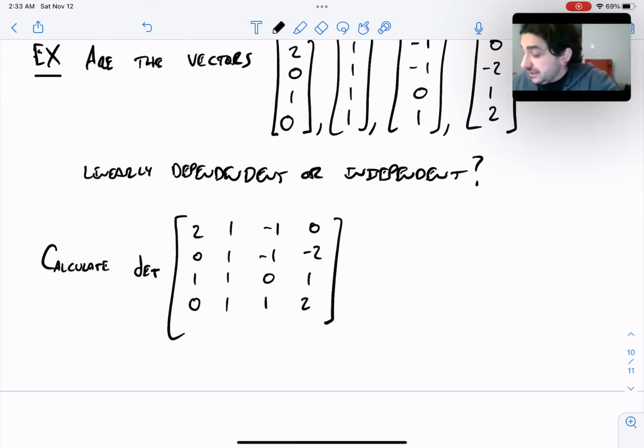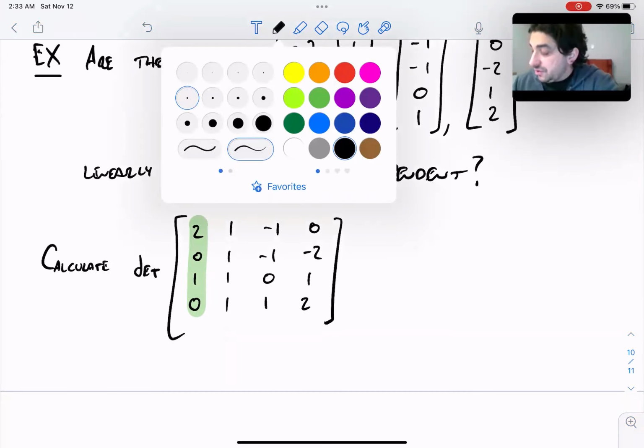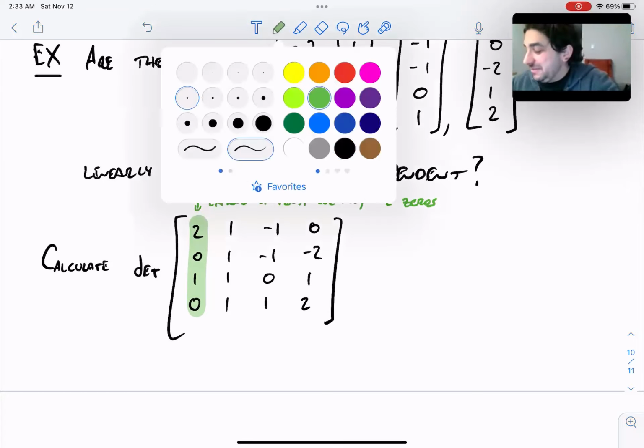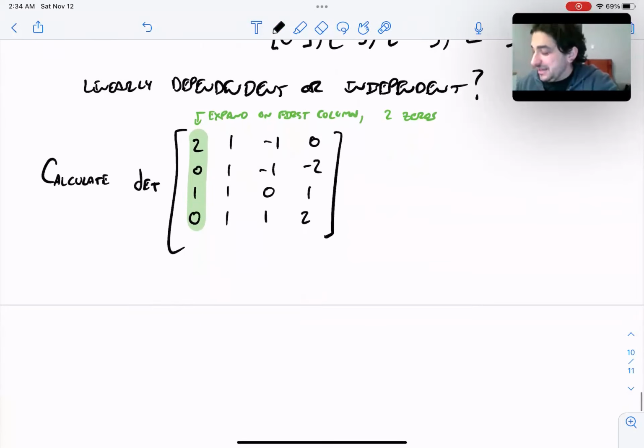So I'm going to expand using the first column. And the reason I'm doing that is because it has 2 zeros, right? And when you're doing cofactor expansion, the more zeros, the better, because it will delete terms in your expansion.